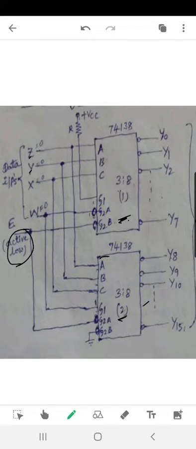Since it is active low, we are applying 0 to it. That means G2B of first and G2A of second will remain at 0.